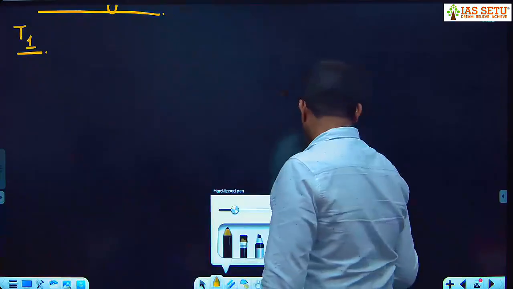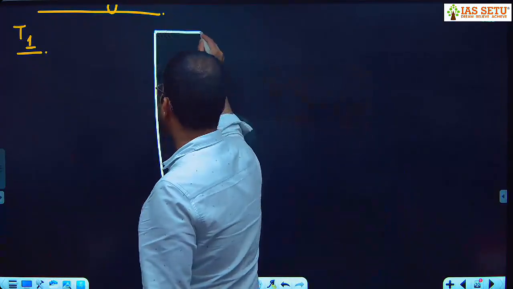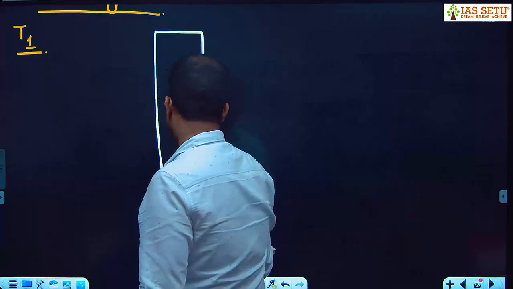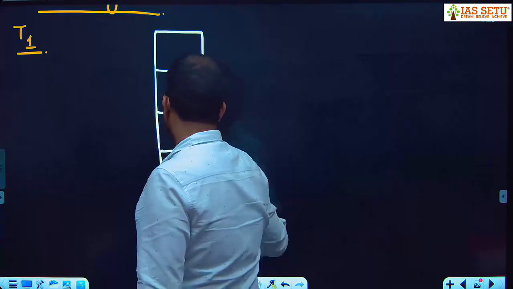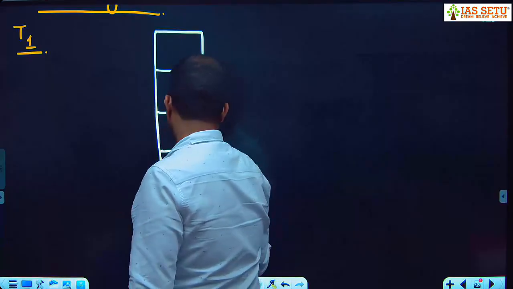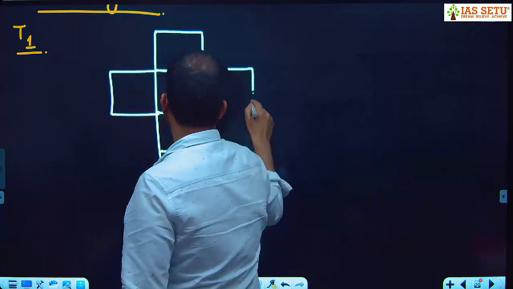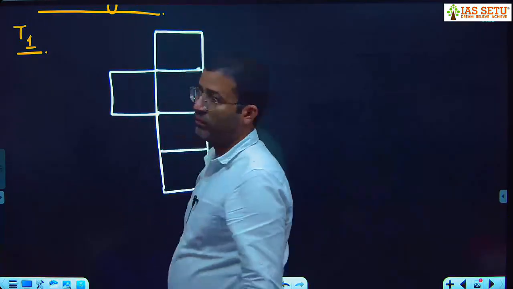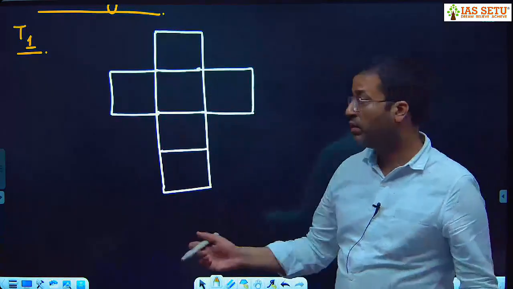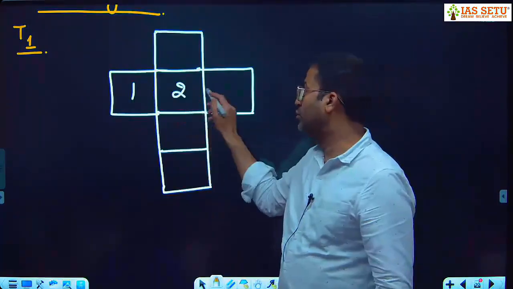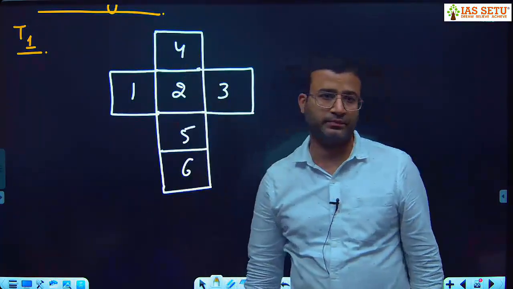Like what they do, they give this type of figure. These are the 6 faces of a cube. 1, 2, 3, 4, 5, 6.